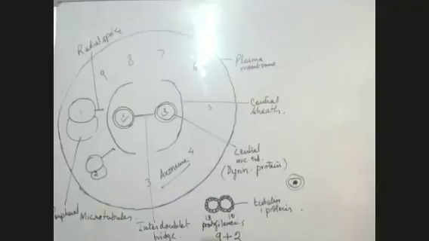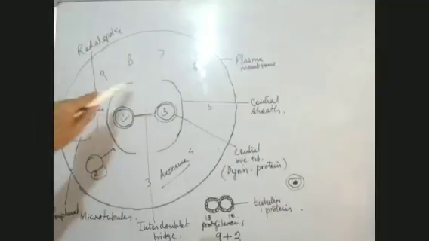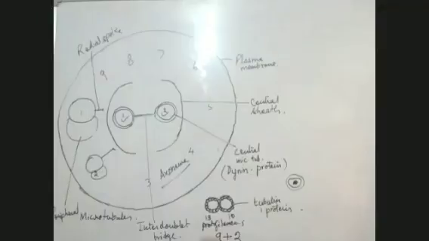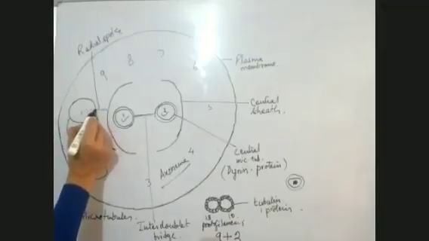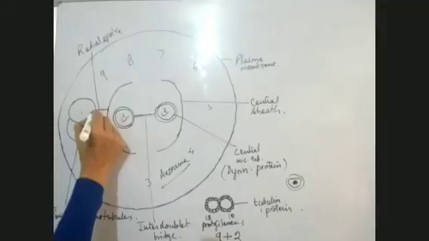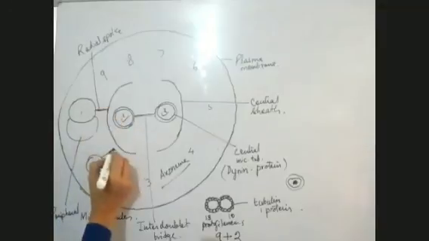For the movement of this complete structure, this has to move. So first this moves, and then the complete cartwheel type of structure moves and helps in locomotion. Now how will it move? When it has to move, these radial spokes which arise from the peripheral microtubules get attached to the central sheath.